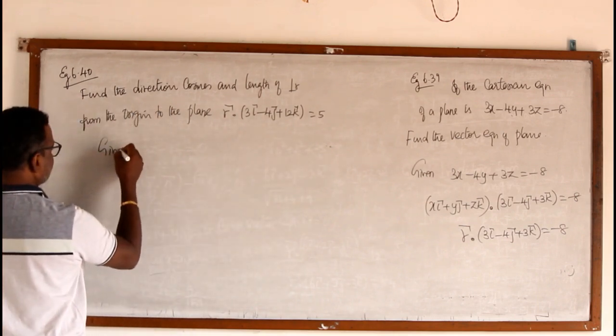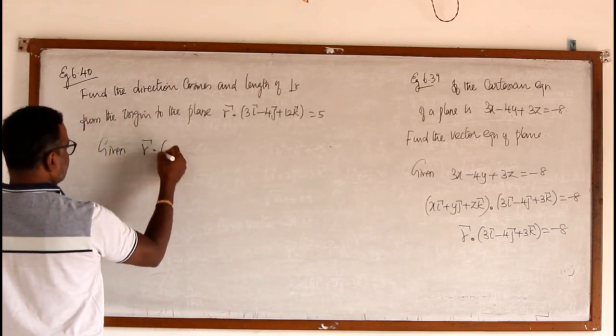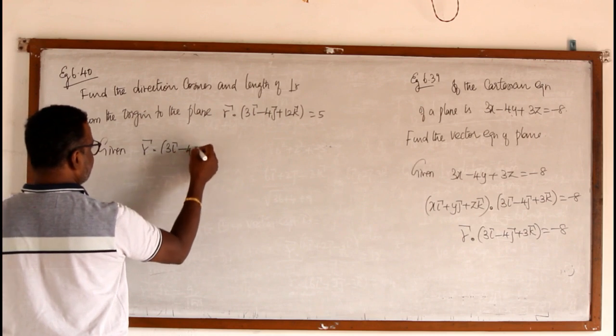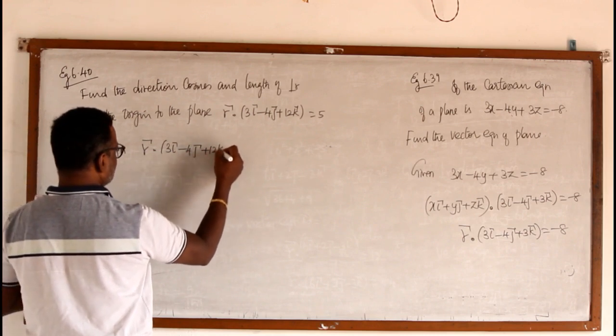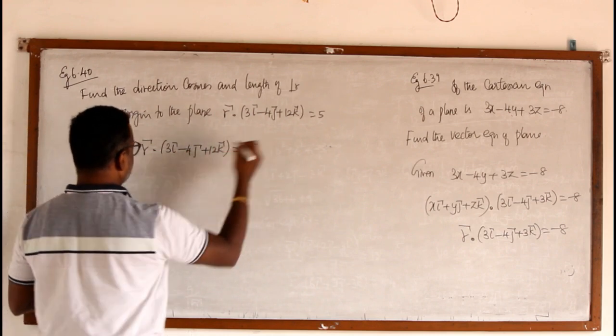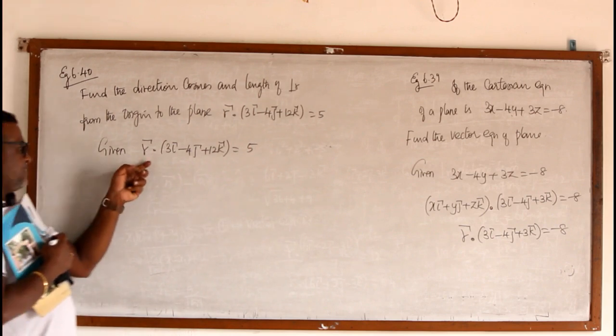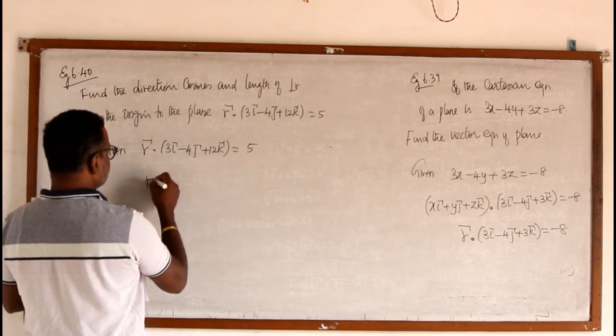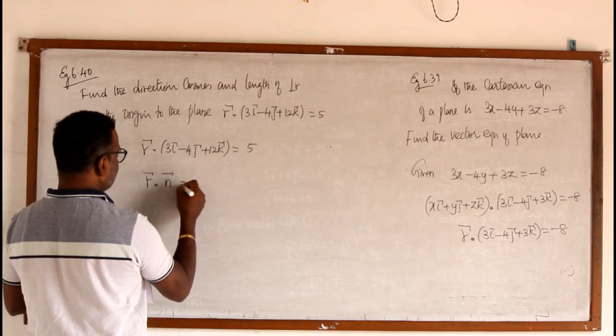So given r dot 3i minus 4j plus 12k equal to 5. Remember, this is of the format r dot n vector equal to q.